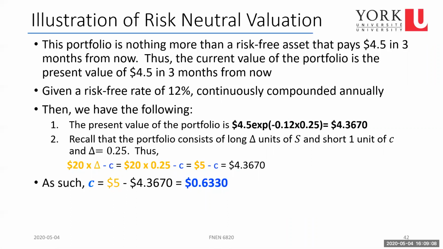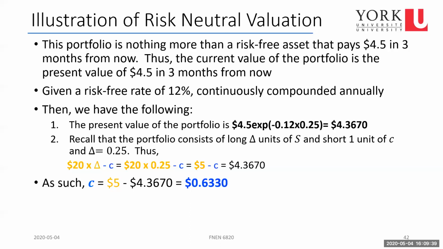Now, since you have created a riskless portfolio, your portfolio should receive the risk-free rate of return. And we said the risk-free rate of return is 12% annually. So which means your portfolio right now should have a value of $4.367.